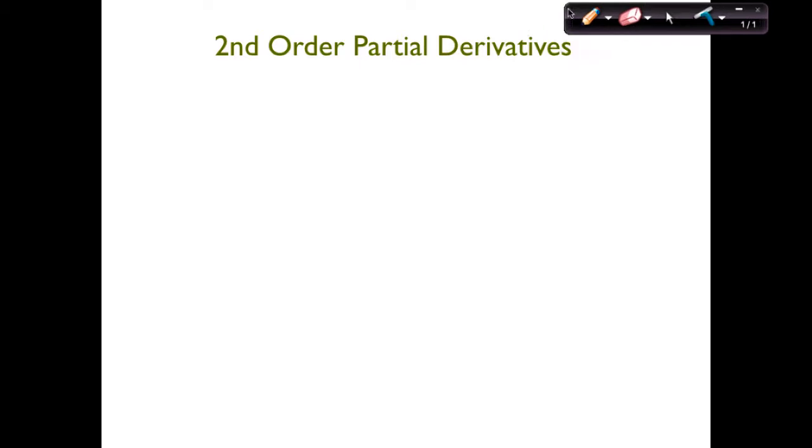I think this has popped up in WebWork, but we haven't really talked about it yet. In WebWork, you're basically finding the values of the second order partial derivatives, and I kind of left that to you to figure out. You just take your first order partial derivative and you either differentiate it again with respect to x or with respect to y. Okay, so then you end up with 4 second order partial derivatives: fxx, fxy, fyx, and fyy.